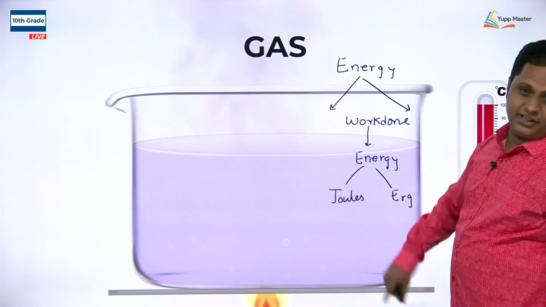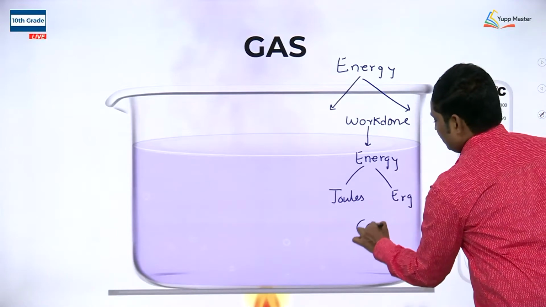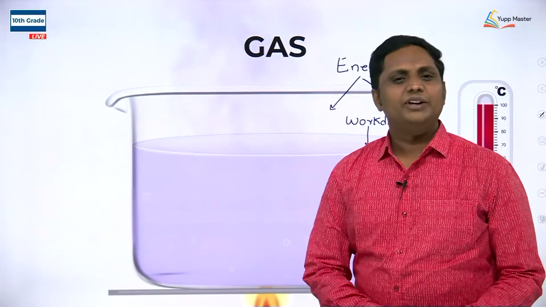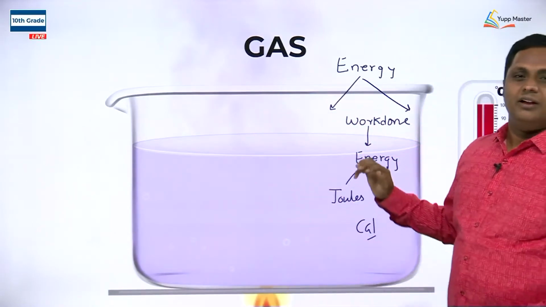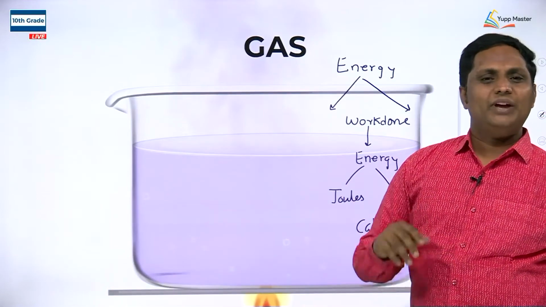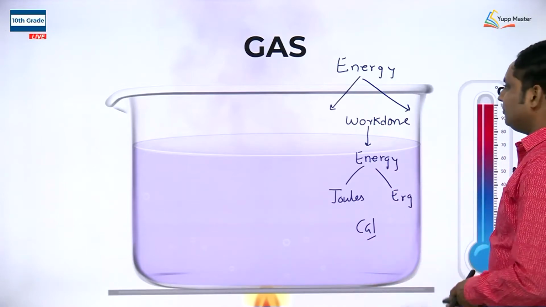It is very clear, we are going to get this one, and you can get calorie also. If you have taken 1 gram of sugar, it gives 4.2 calorie of energy. It is very clear. Now you can go for the problems, just see that.